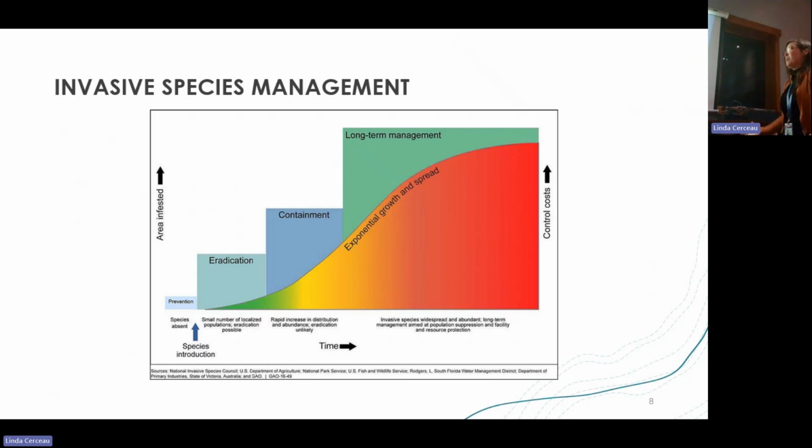When I worked in consulting, it was usually when we were in the containment or long-term management area that people would notice, oh hey, there's a problem, and now we have to manage this. Very rarely do we use the word eradication because it's very difficult to eradicate these species, and a lot of times it just comes down to managing it.